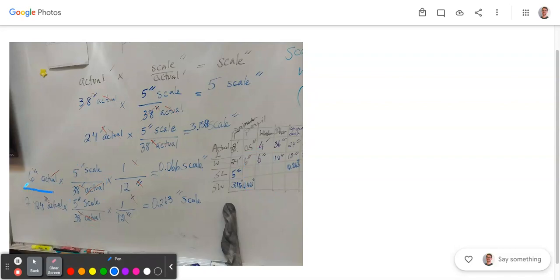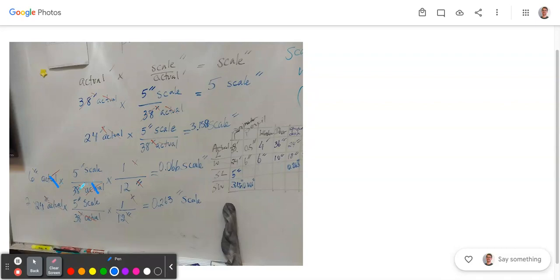Okay, so let's multiply 6 actual inches times our scale factor. Notice, unlike last time, inches cannot cancel inches, top and bottom. We can't do that. So, what can we cancel? Well, we can cancel actual and actual, and that's about it.